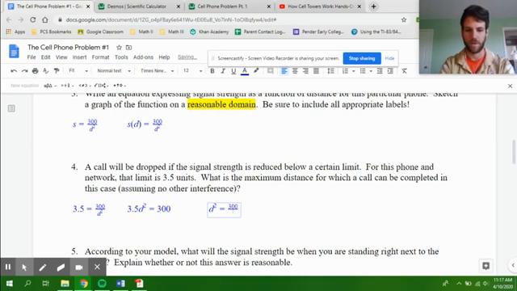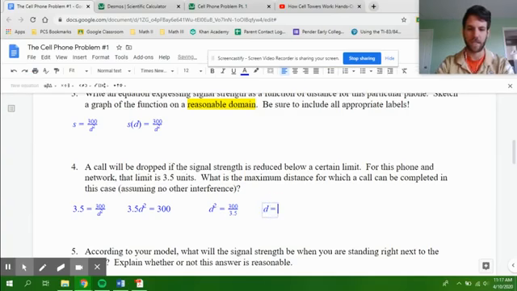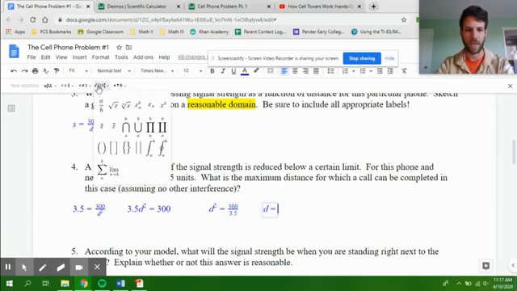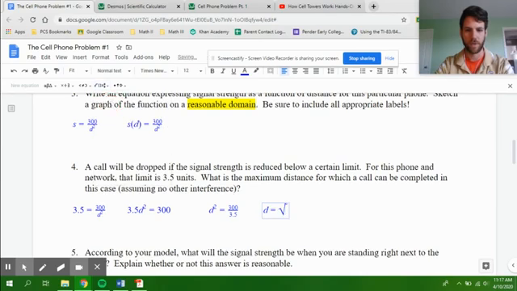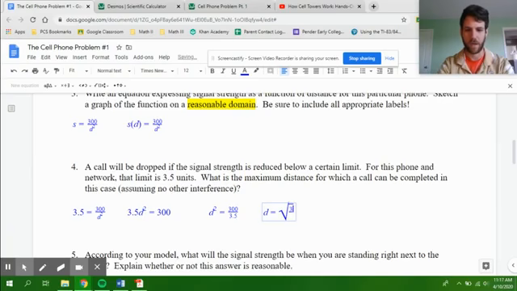And then you would take the square root of both sides. And so that would mean we'd have an equation of d is equal to the square root of that fraction of 300 over 3.5.